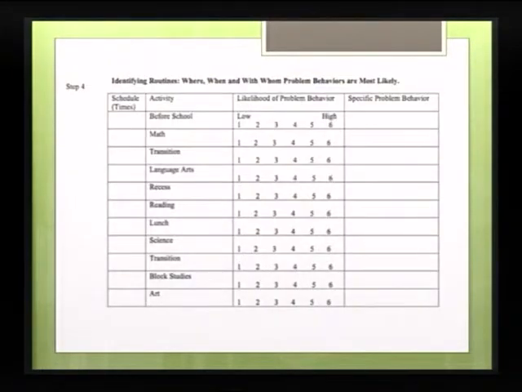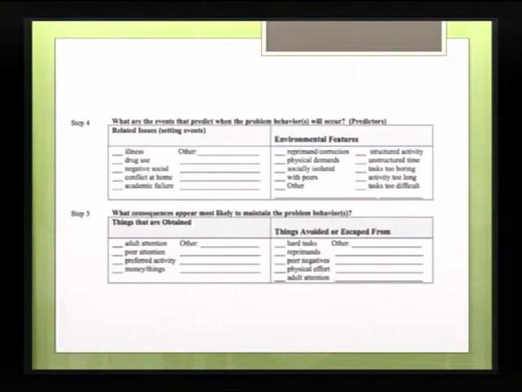This is a picture of part A, the part in which you can gather information about the problem behavior. For instance, in which activity, at which frequencies, and so on. And this is an example of part B. For instance, you can see the item that asks what are the events that predict when the problem behavior will occur?